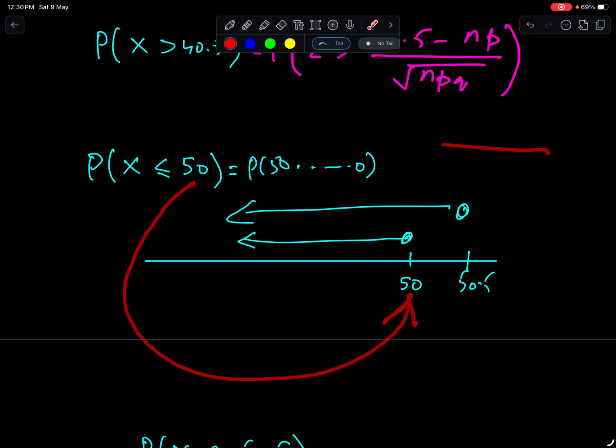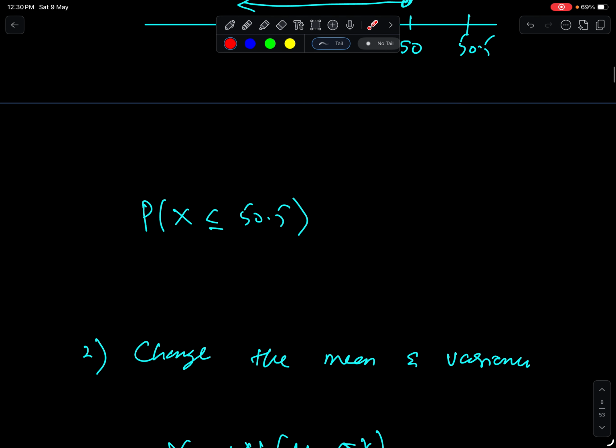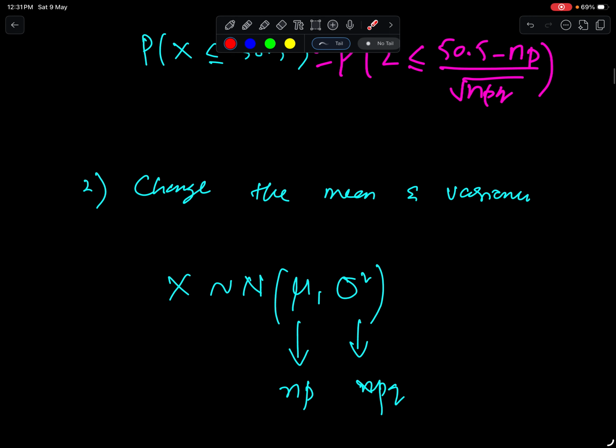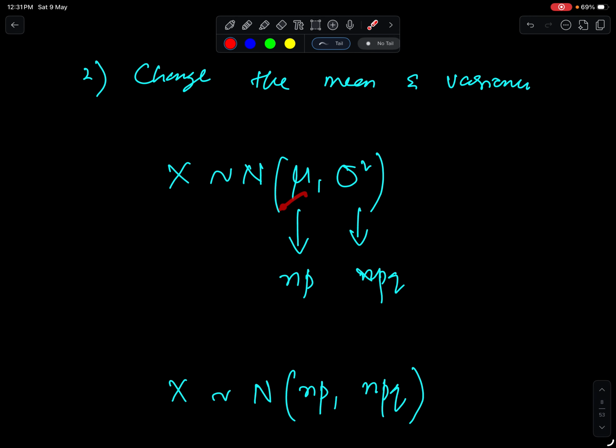We are going on left side, take the upper bound, which is 50.5. Alright. Solve with this. Probability Z less than (50.5 minus np) under root npq. Change the mean and variance: mean by np and variance by npq.